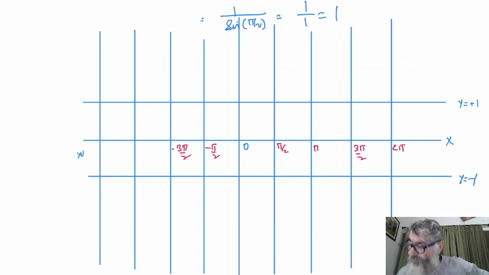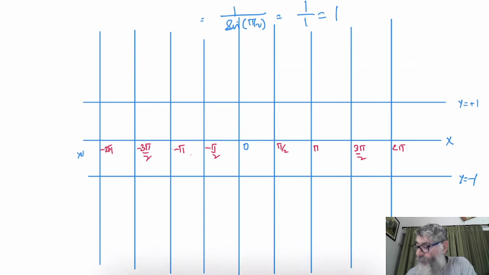What am I doing? It is minus pi, it is minus 3 pi by 2, and it is minus 2 pi. Now let's draw the graph of the sine first of all.